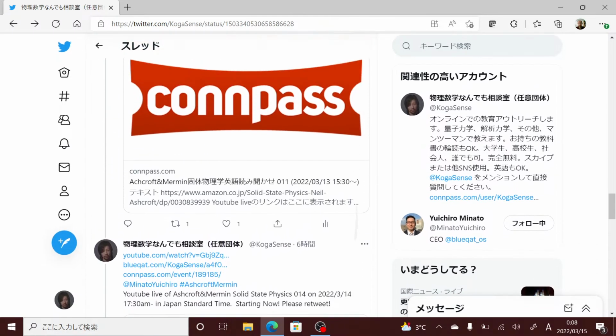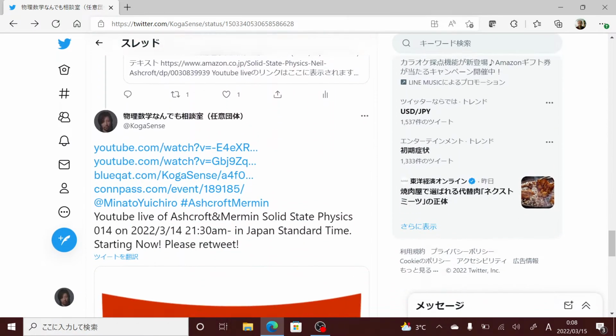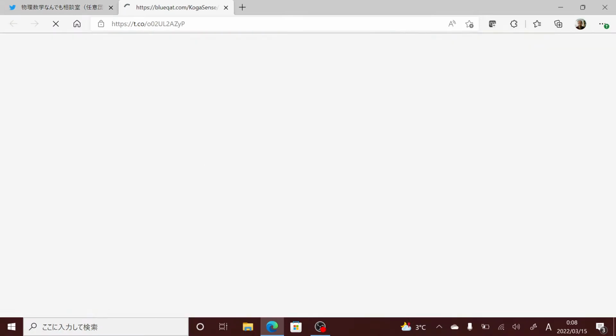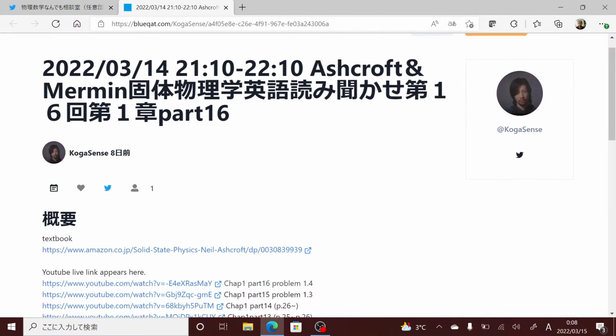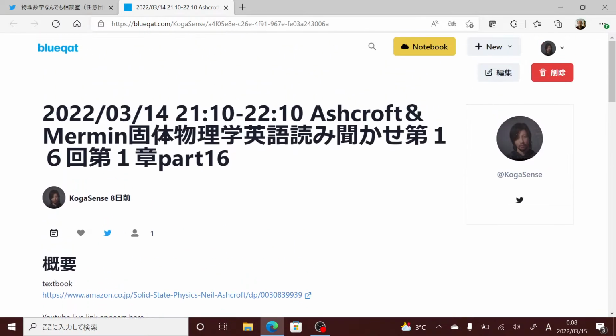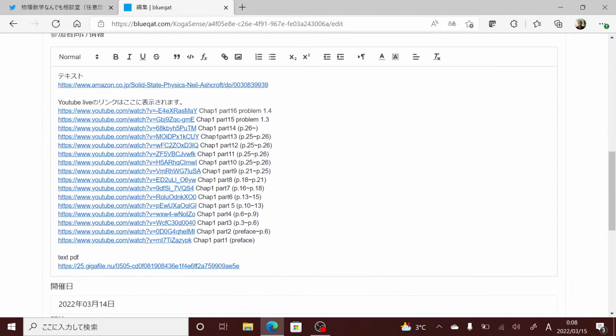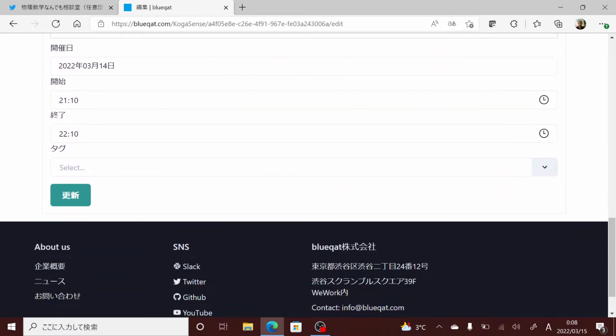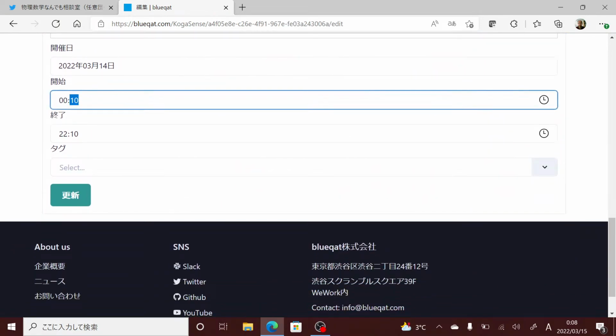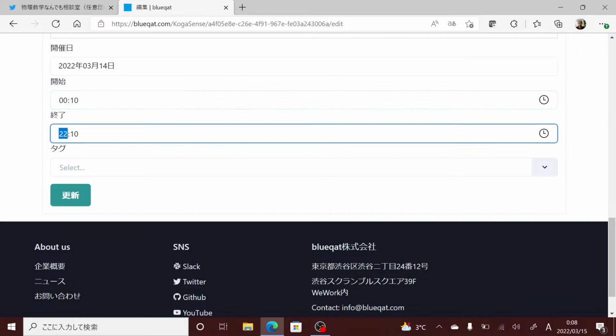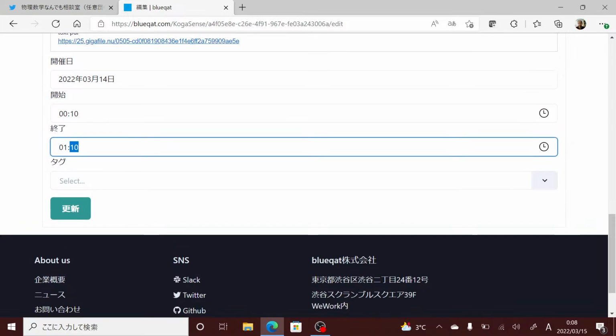Okay, so let's see, can check this one. Blue cat. I don't know if I can set this time, but 0010, 0110.